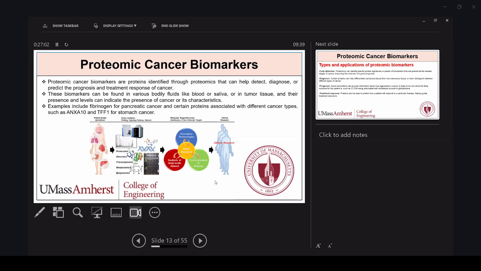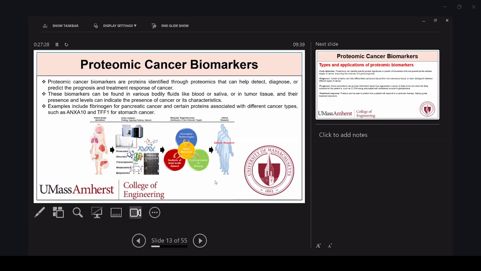Even rather than doing the tissue biopsy, just collecting blood is not that invasive. It is still an invasive procedure, but not that much risk is associated compared to the biopsy procedure. So with that idea, we try to focus on proteomic cancer biomarkers.